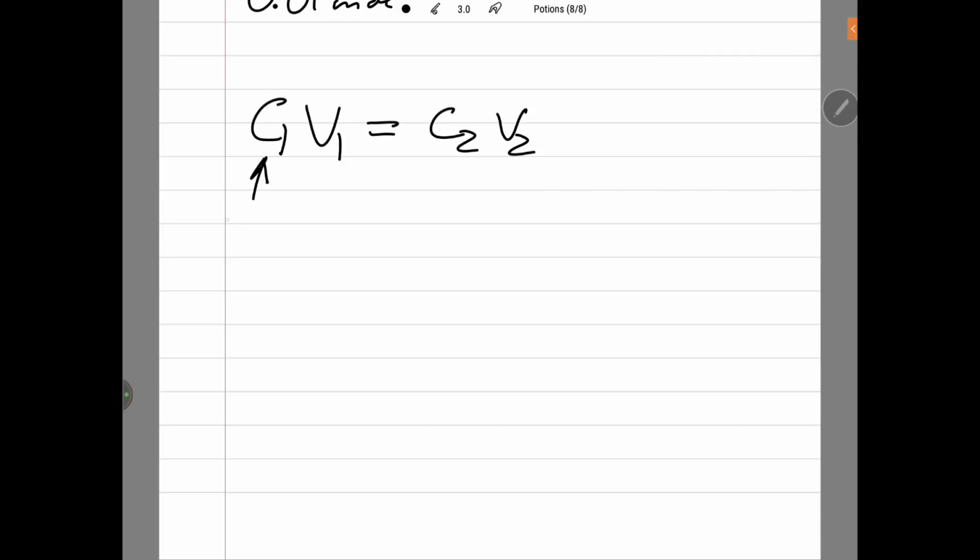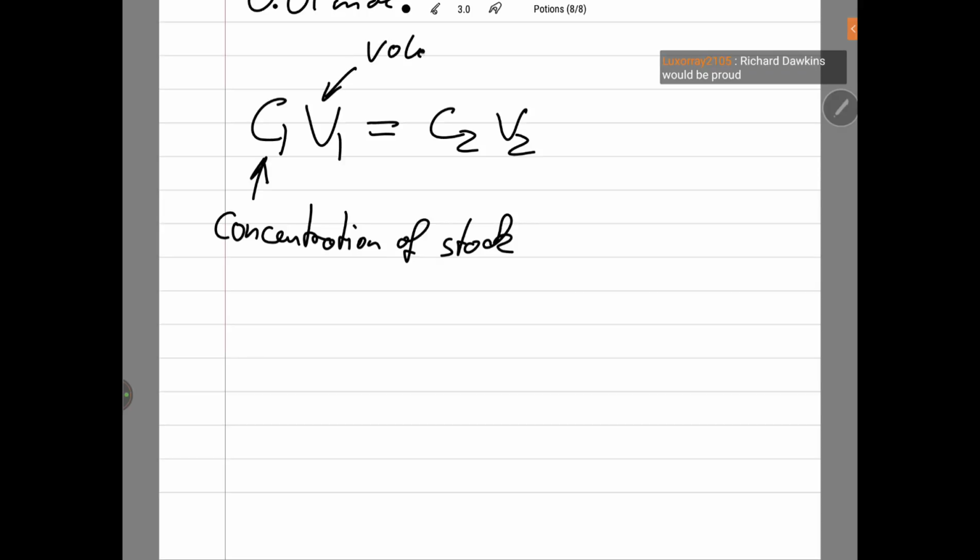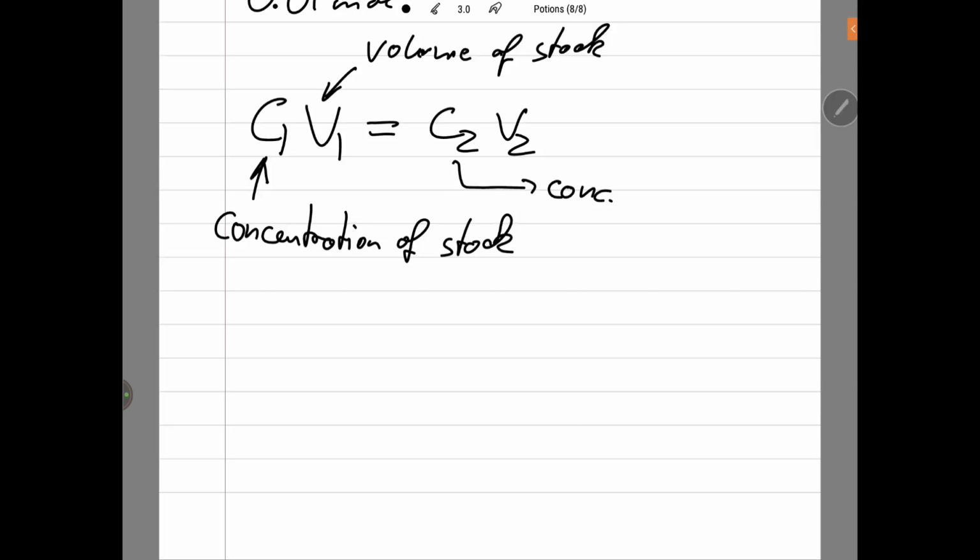It means concentration of stock times volume of stock equals concentration of working solution times the volume of the working solution.